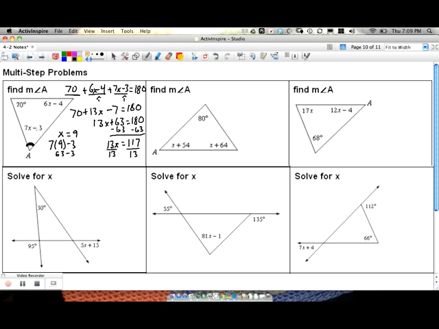Let's do it again. I'm going to have three angles. They're going to add up to 180. So I'm going to set this up for myself here and then just put the pieces in. I know I have 80. I also have x plus 64 and x plus 54. So I got to combine. I got 1x, 2x.